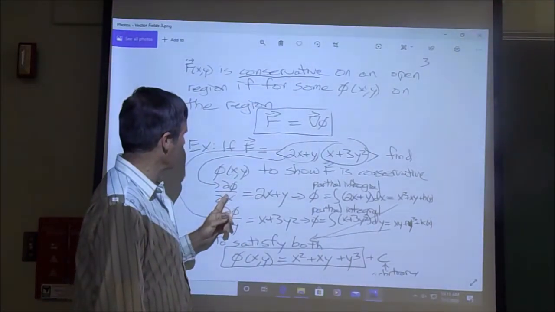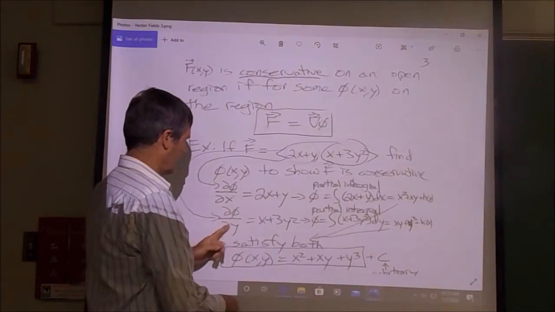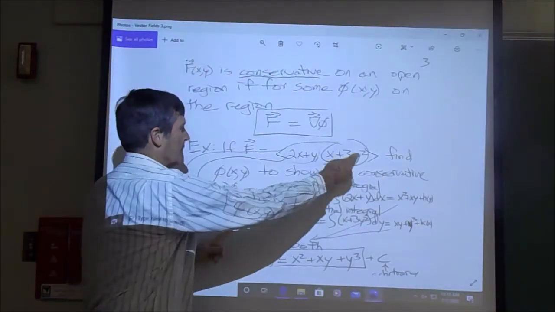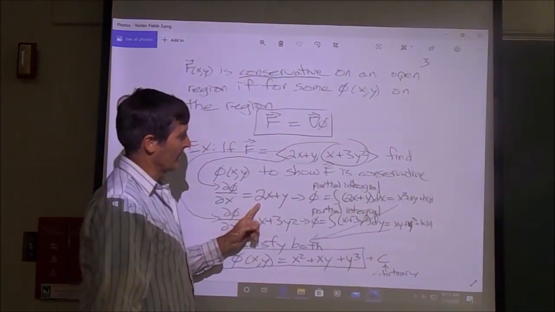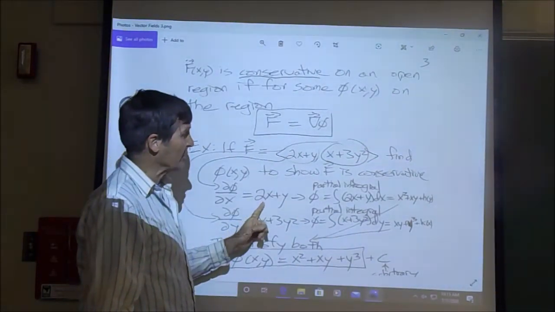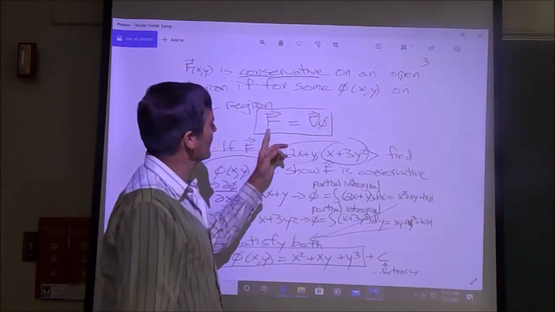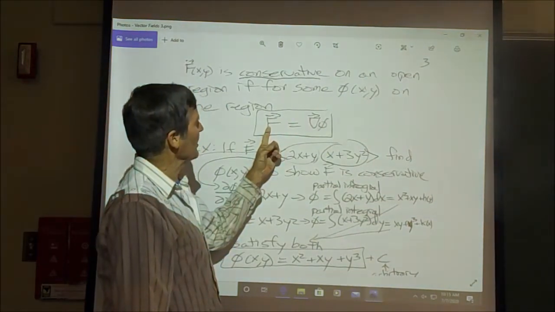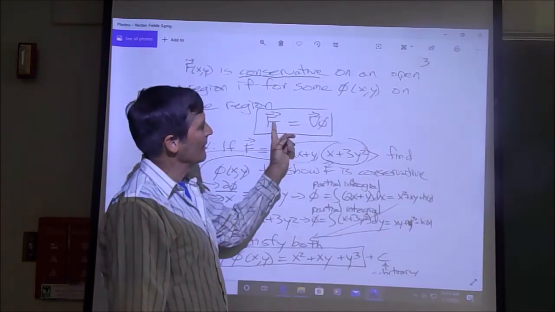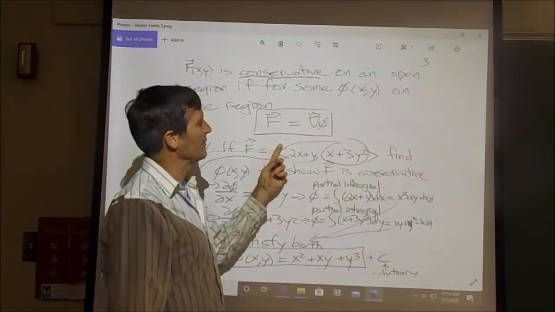So if we want d phi/dx to be this, 2x plus y, we want d phi/dy to be this, x plus 3y squared. We can recover this, called the potential function. For us, phi is the potential that determines f. In physics, they might say minus the gradient of potential energy is the force.